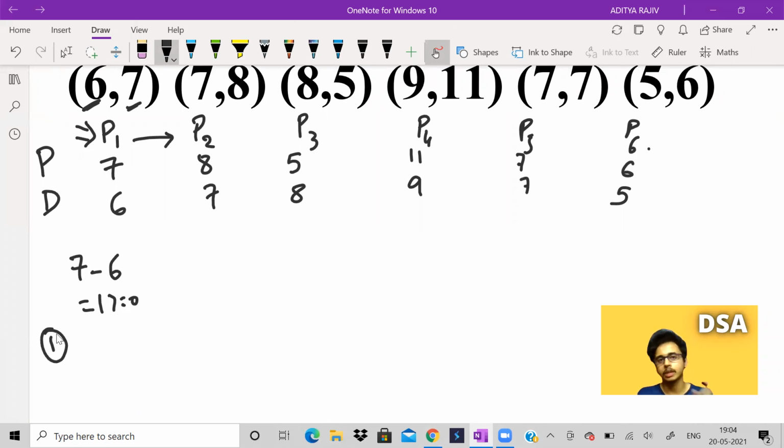There is a variable called fuel tank, 1 is there. Now from 2 to 3, if I want to go, I can get 8 units of petrol, but 7 units I have to use. So I will add 1 more unit to the fuel tank, because that much fuel will be left over. So I can go to the third petrol pump.